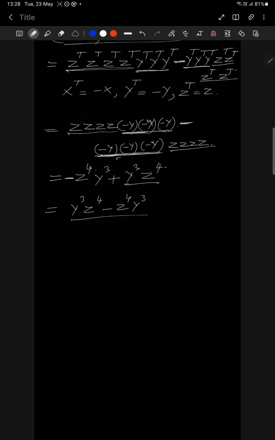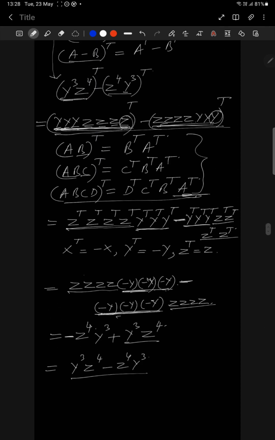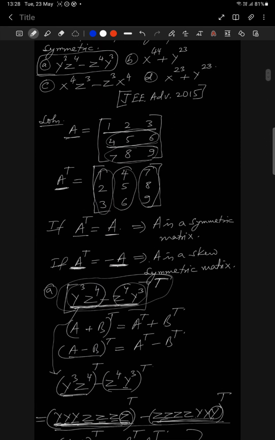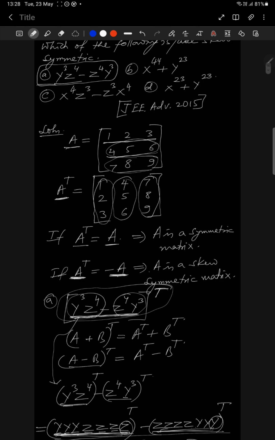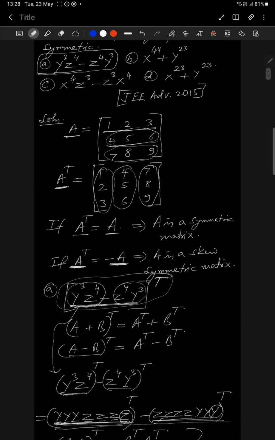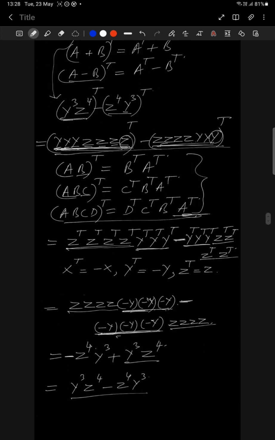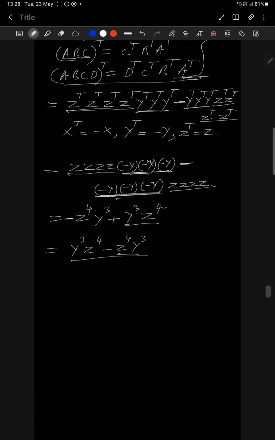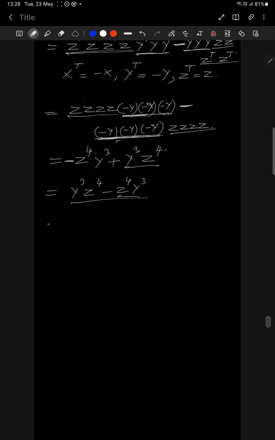Let me check whether this one is same as where we have started from, y to the power 3 z to the power 4, then z to the power 4 y cube. I think it is same. So are you finding that the transpose of y cube z4 minus z4 y cube is coming same as y cube z4 minus z4 y cube.